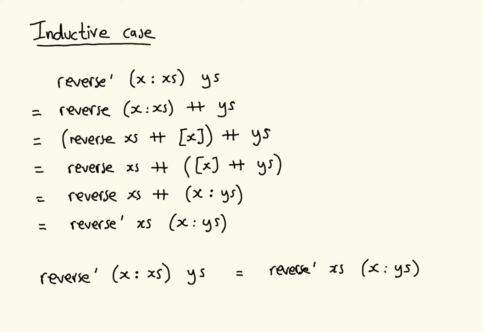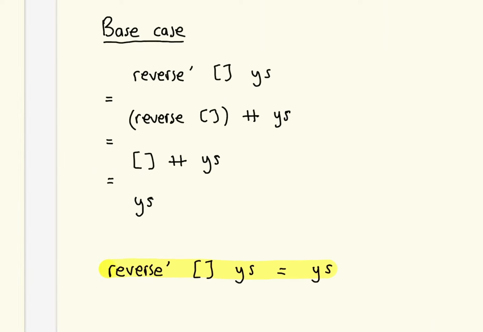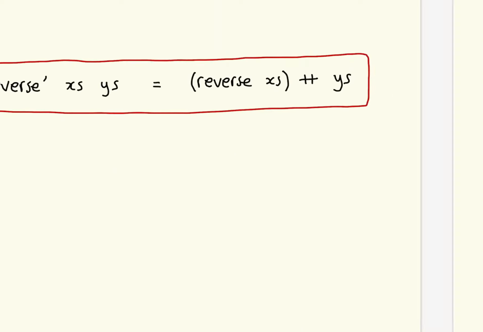And I didn't need to know that this was the recursive definition for reverse prime applied to a non-empty list. I got this for free just by applying this process of constructive induction, starting from this specification here.